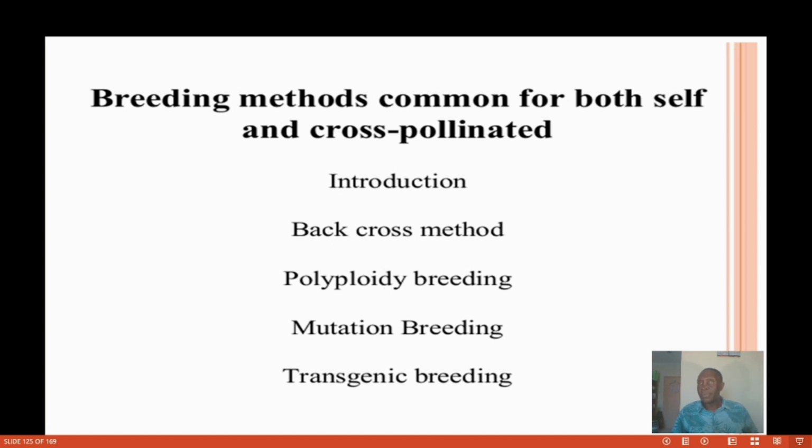This is what I can say, and I would like us to get to this point and stop there. Then we will start to get into lesson 10. Lesson 10 covers the breeding methods common for both self and cross-pollinated crops, and we'll be seeing this a little bit later.